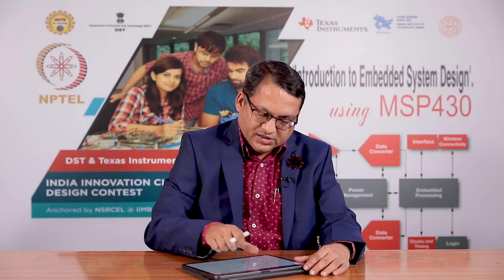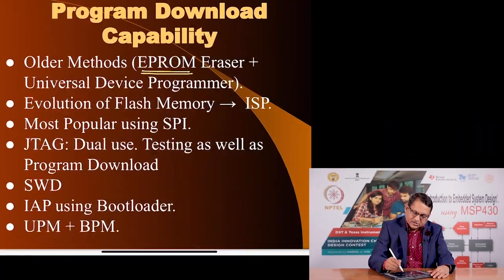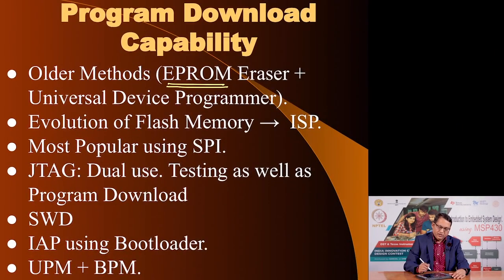In the mid 90s, there was introduction of a special type of E2PROM memory which was called flash, and flash memory started getting integrated into microcontrollers for the program memory, and that allowed a user to program these memories without having to take it out of the system.